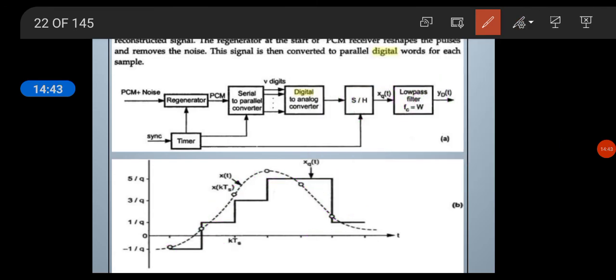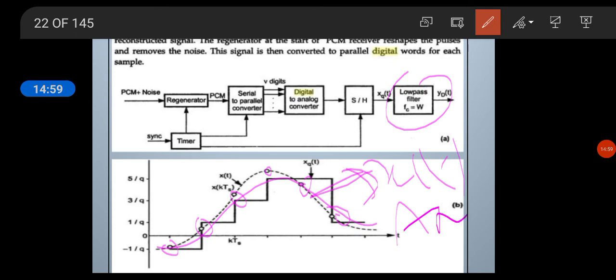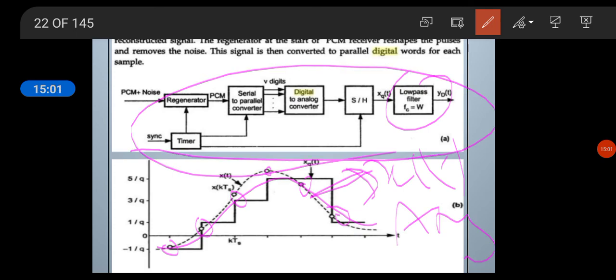How do we get a smooth output signal? The top of the pulse has the amplitude. So if you plot the signal, you will get x of t. Every time in the receiver we provide a low pass filter to get the original analog message signal. This is the block diagram explanation of the PCM receiver.